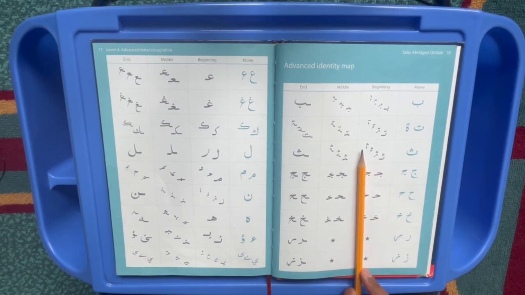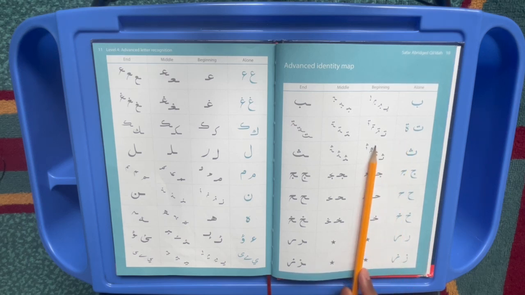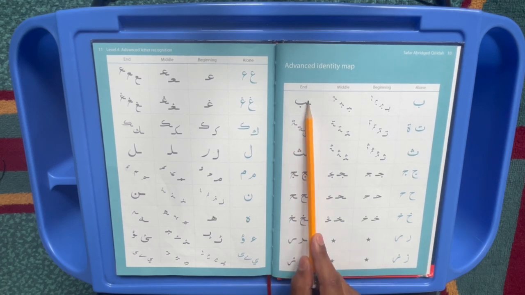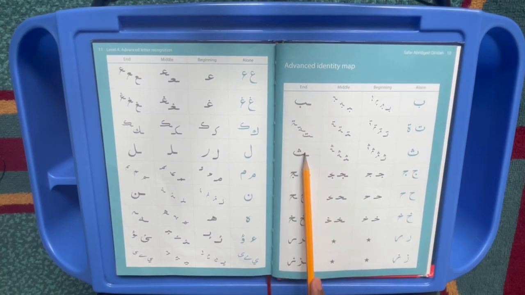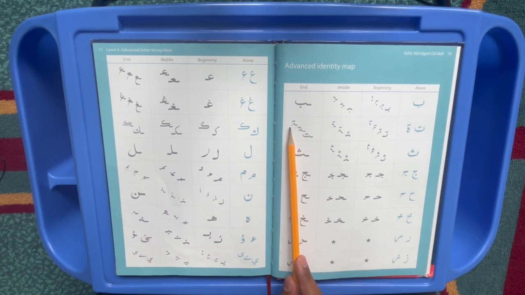Something new that we do learn here is the round ta. The round ta comes in the shape of a ha, but it has two dots at the top, which gives it the name the round ta. Now when we look at ta at the end, we see that along with the normal shape which the ba and the tha have, we have the ending which is the ha with the two dots at the top, and then there's a bit of a point, a rounded shape which has the two dots at the top.